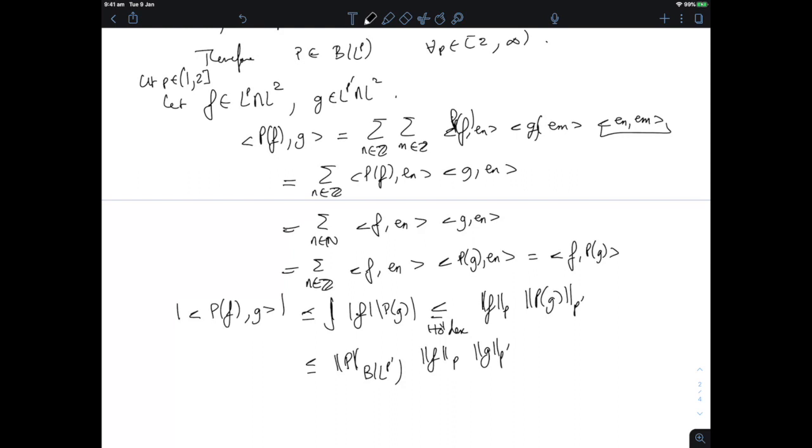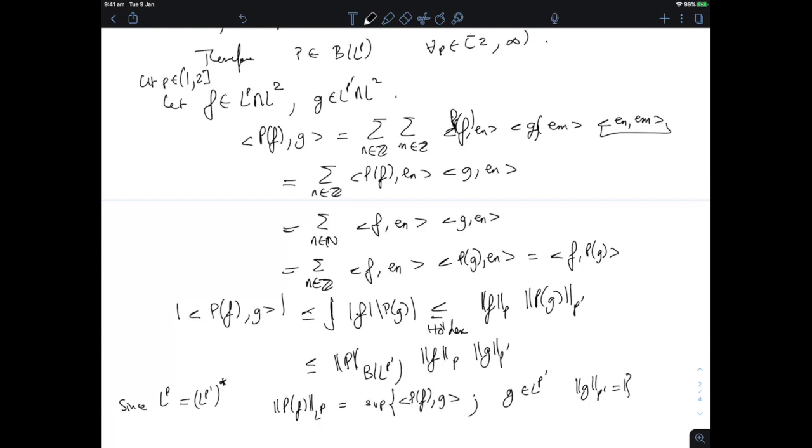Now, because Lp prime is the dual of Lp, or maybe more precisely because Lp is the dual of Lp prime, so Lp is Lp prime star, I get that the norm of P of f in Lp, identifying with the dual of Lp prime, has to be equal to the supremum of Pf tested on g for all g in Lp prime that have norm 1.